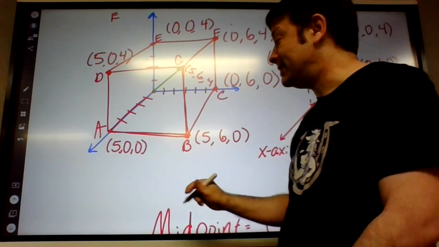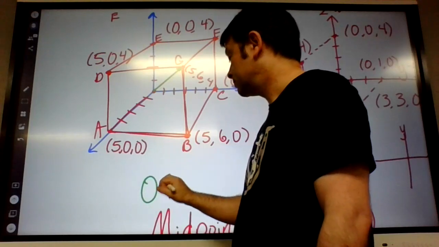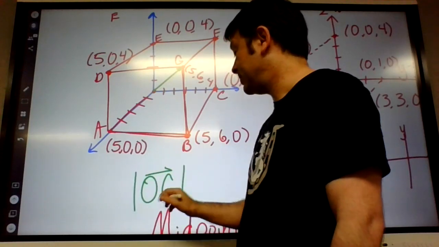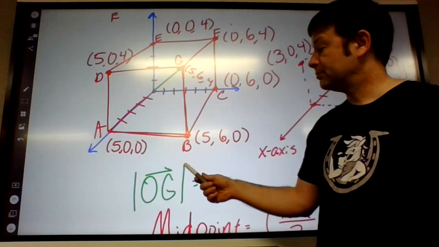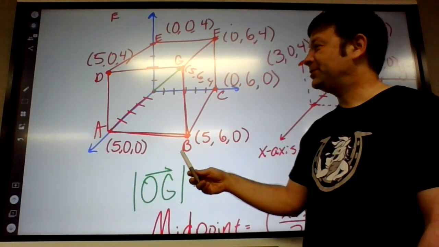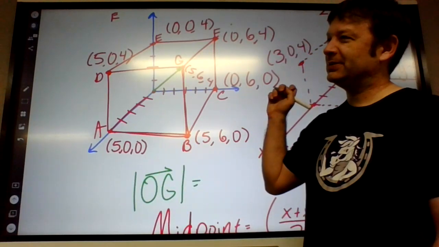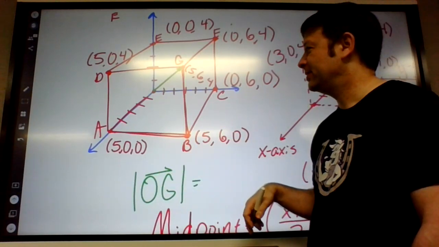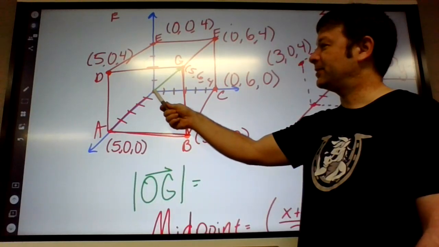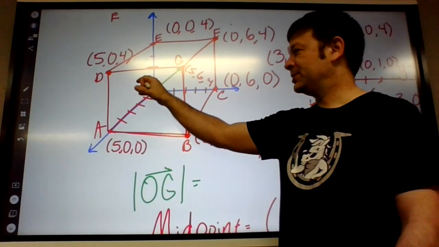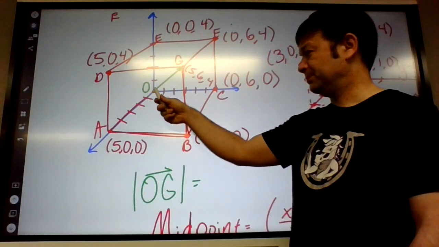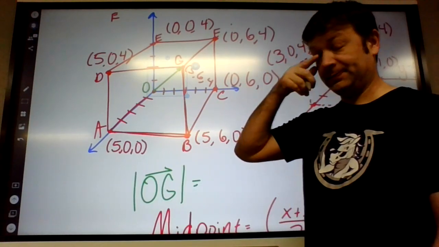What does magnitude mean? What's that mean when they put those lines like that? Magnitude means the length. There you go. So how are we going to find the length from O, which stands for the origin, to G?